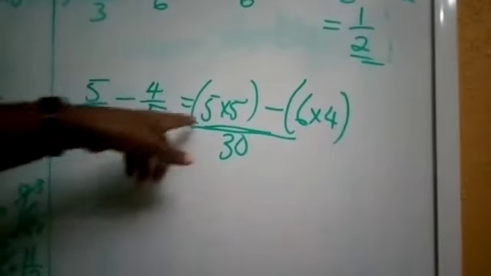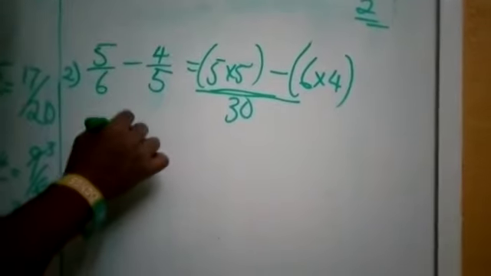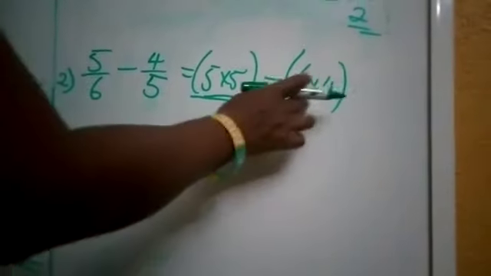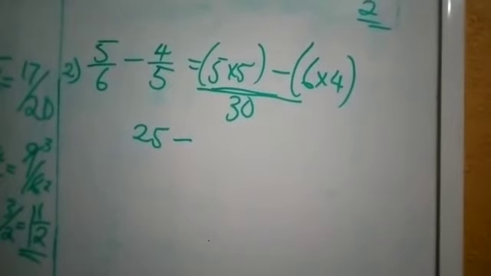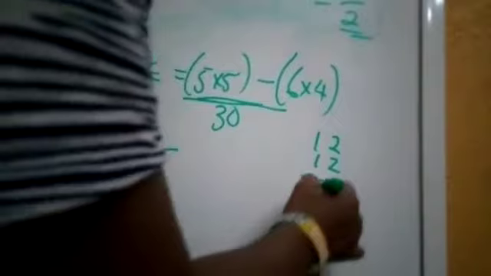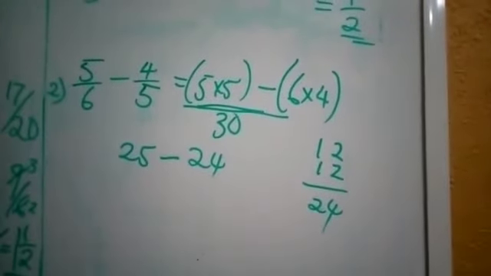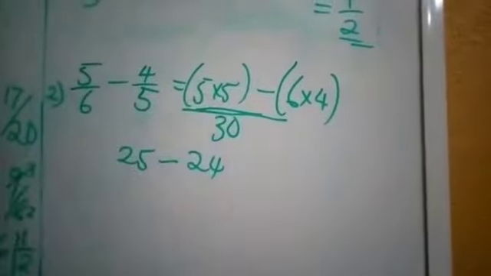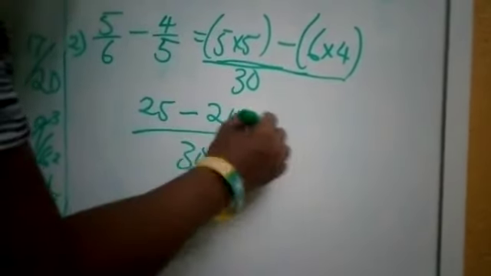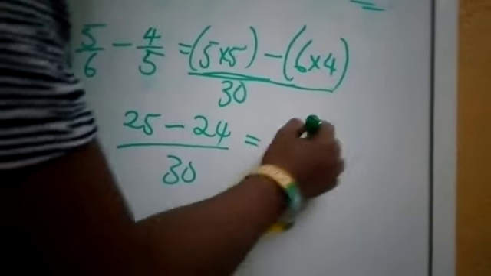All right. 5 times 5 will give us 25 minus 6 times 4. 6 times 4, 12, 12 will give us 24. All right. So we have all over 30. 25 minus this is going to be 1 over 30. Good.